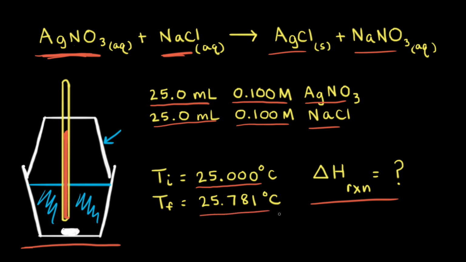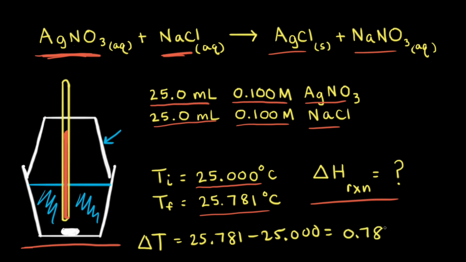In this case, the temperature of the solution increases, and the final temperature, the highest one reached in our experiment, is 25.781 degrees Celsius. So the change in the temperature of the solution would be the final temperature minus the initial temperature, which is 25.781 minus 25.0, which is equal to positive 0.781 degrees Celsius.